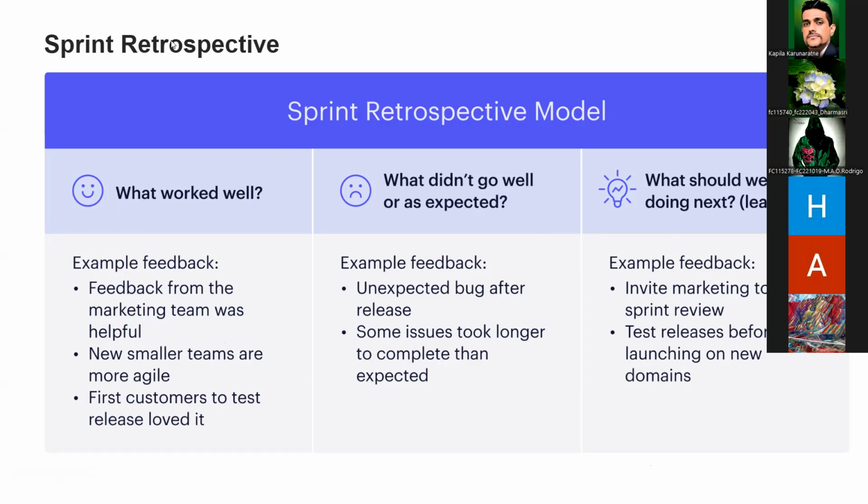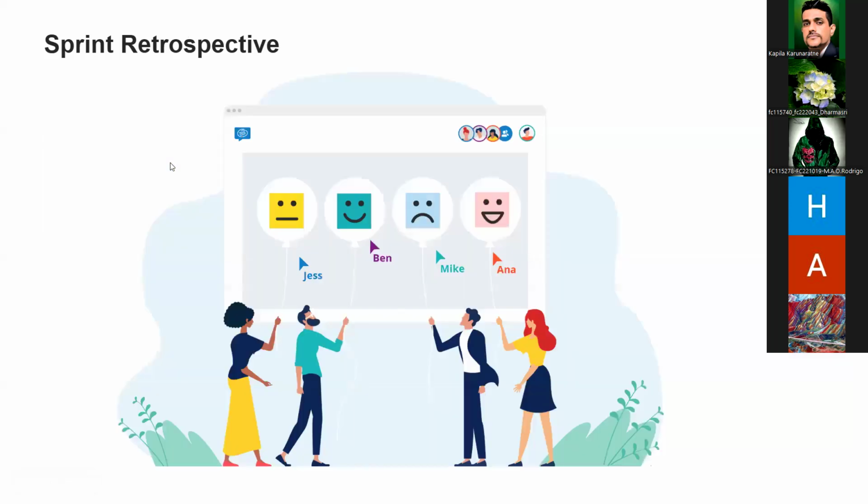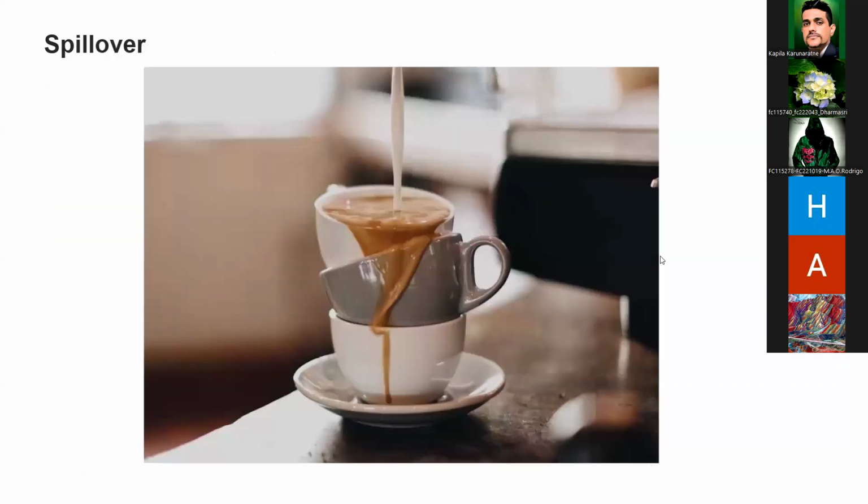This retrospective meeting is very important because it makes sure we deliver in the correct direction after every sprint. If you have done something wrong, you can change it in the next sprint. So it's a very democratic model, right? Your happiness, your sadness, your feelings can be shared in the retrospective.